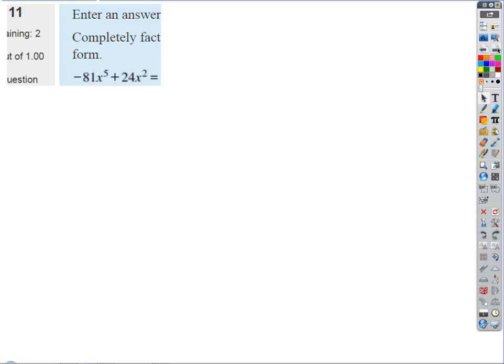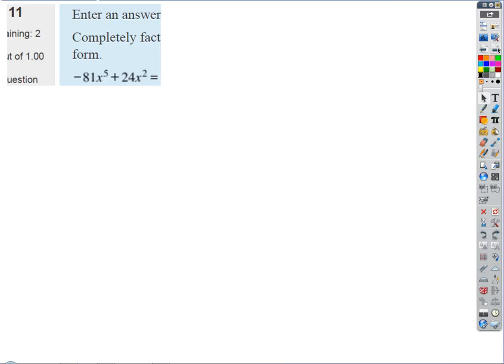Okay. How about that? Okay, what are we gonna have to do there? There are no like terms, only 2 terms, they're not like terms. Okay, we could factor out the greatest common factor, couldn't we?